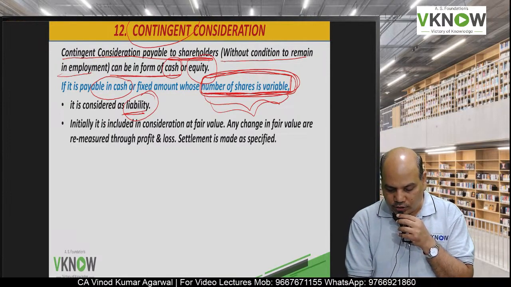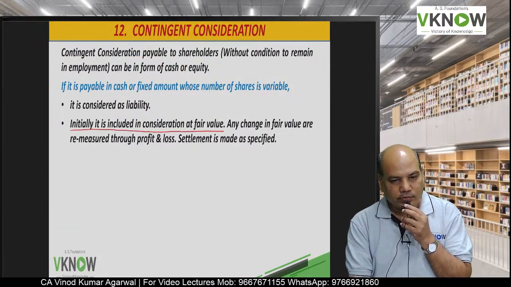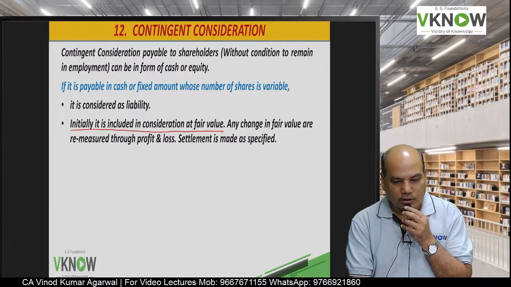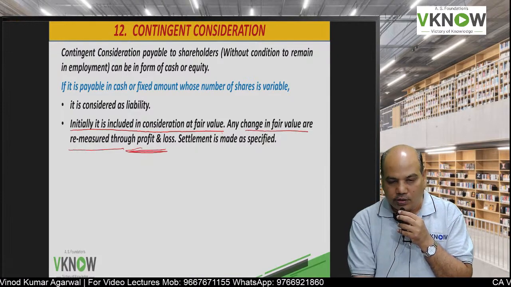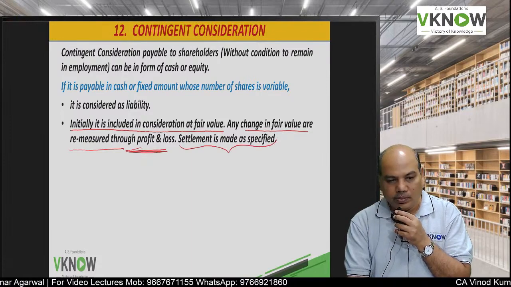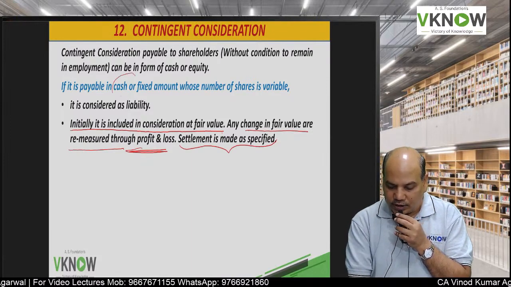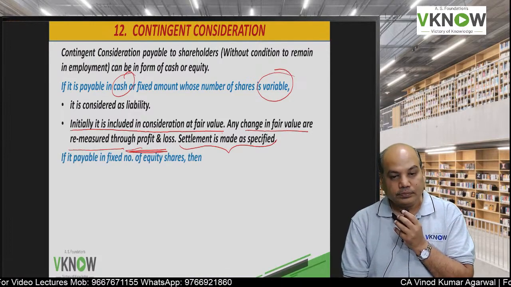Okay, how it will be measured? Initially measured at fair value, on the date of acquisition. What about subsequent change? Fair value. Change in fair value will go to P&L account. Settlement will be made as specified, either in cash or in the form of number of shares.